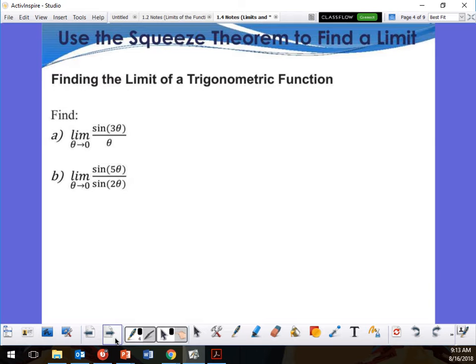If I said find the limit at 0, you would do what? Plug in 0 and see what you get. In this case, what do we get? 0 over 0, and if you get that, then you can do L'Hopital's rule. Very good, L'Hopital's rule, right?